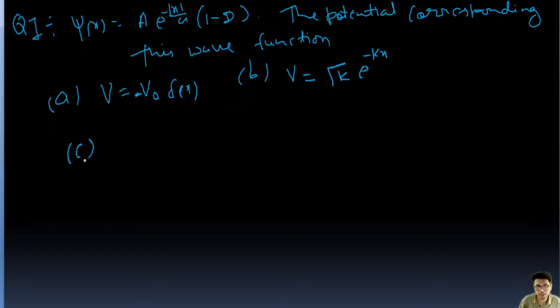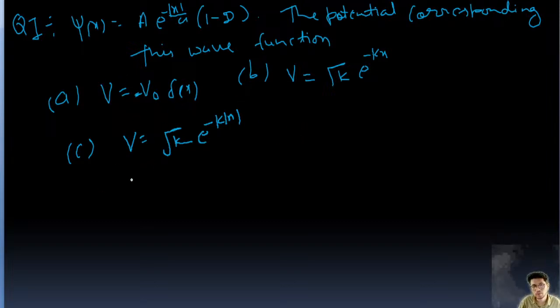Option C is V equal to root k e to the power minus k mod x. Okay, so these are the options which are given.